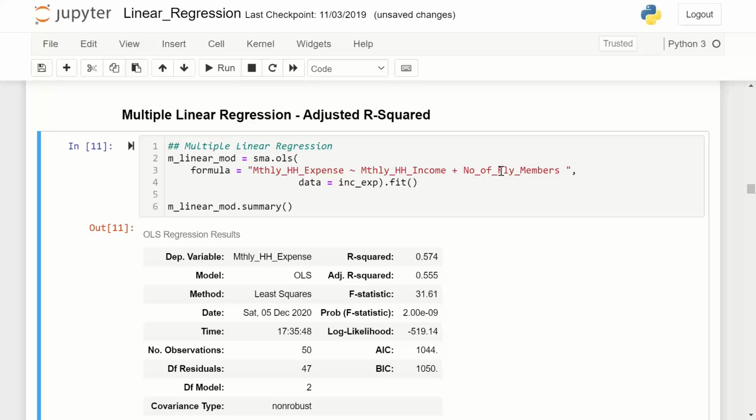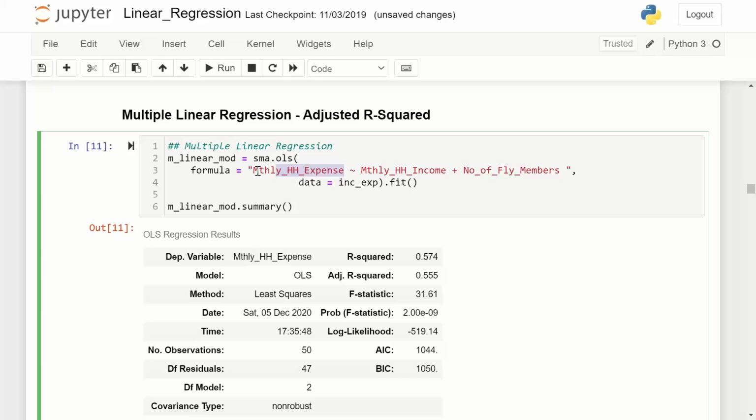Just by adding one more variable, my R squared has improved from 0.42 to 0.57, which means I am now able to explain 57% of the variance.